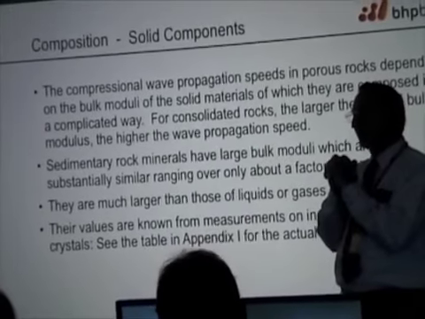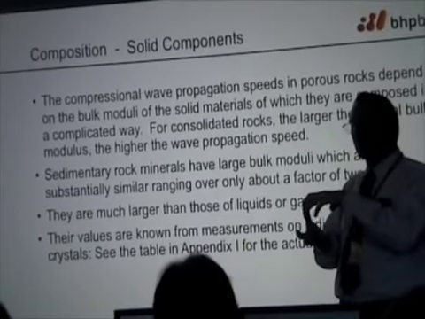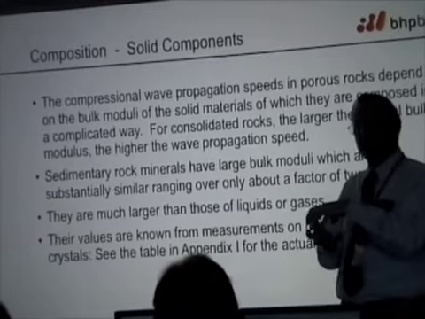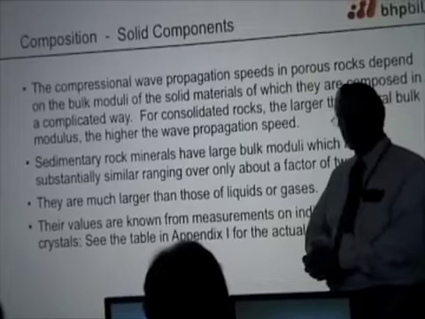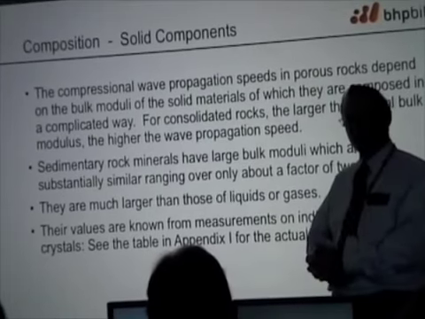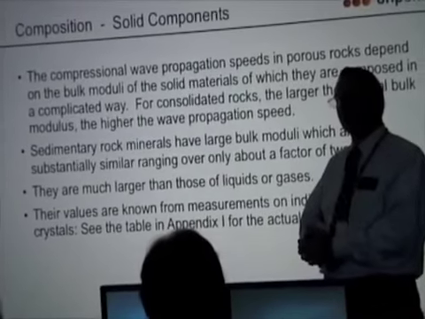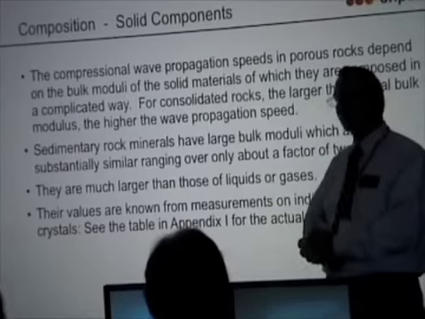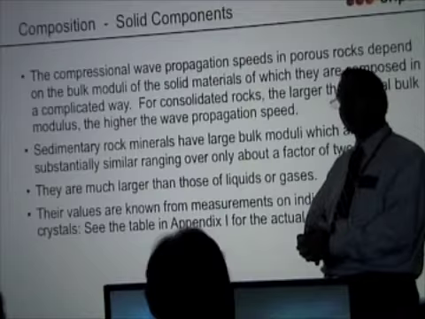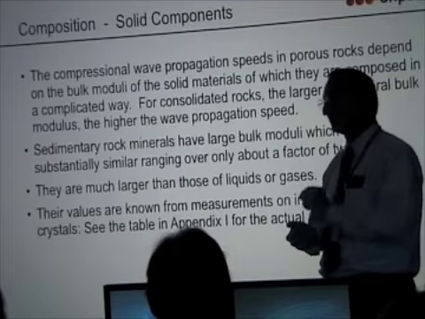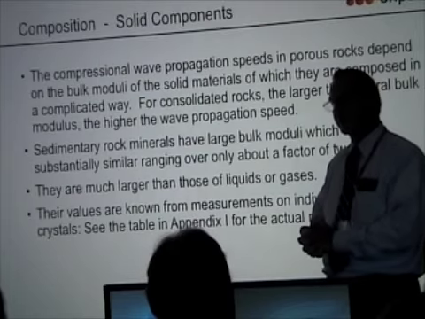It means that in order to change the volume by 1%, you would have to apply a stress of 55,000 psi, roughly speaking. 55,000 psi corresponds to something like a 25 mile column of water. So go down to the bottom of the Marianas Trench, find that pressure and multiply it by 4, and that's how stiff that spring constant is. That kind of pressure will produce a 1% change in the volume of silicon dioxide, isotropic average.